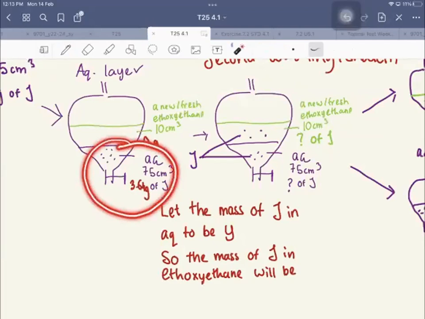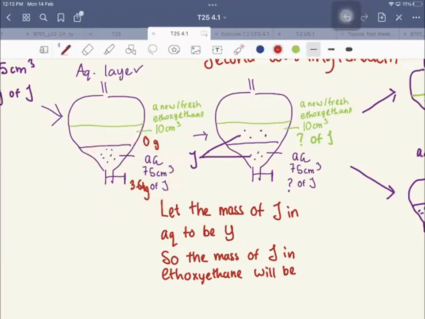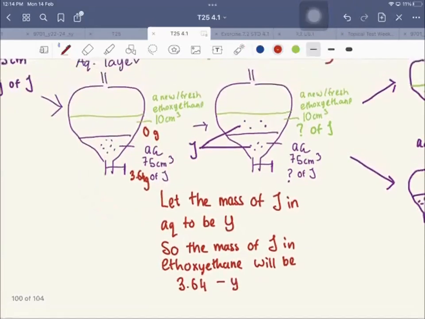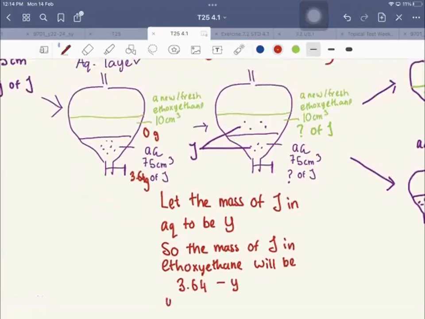You're no longer starting with 5 grams. So the mass of J in ethoxyethane will be 3.64 minus Y. The reason for this is because J initial is equal to J aqueous plus J ethoxy. My initial this time is 3.64 grams, no longer 5 grams.